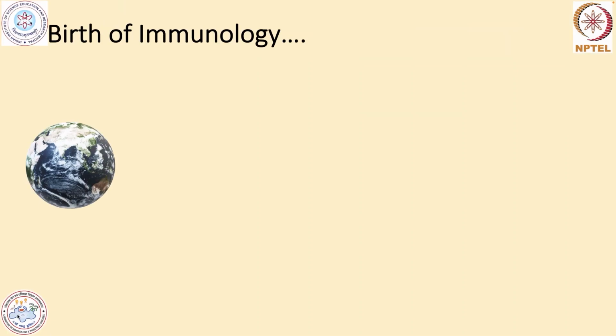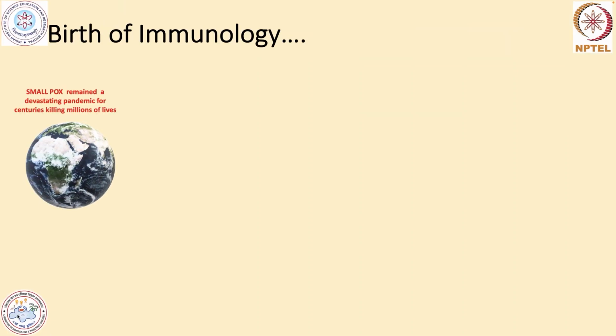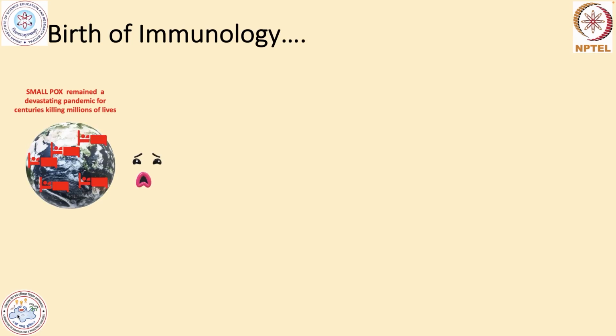Finally, I would like to sum up the birth of immunology. It started with smallpox, which caused a pandemic all over the world and killed millions of people through the ages. This disease was treated by a technique known as variolation, which is inoculation of smallpox from a diseased patient to a healthy patient in a controlled manner in order to protect.